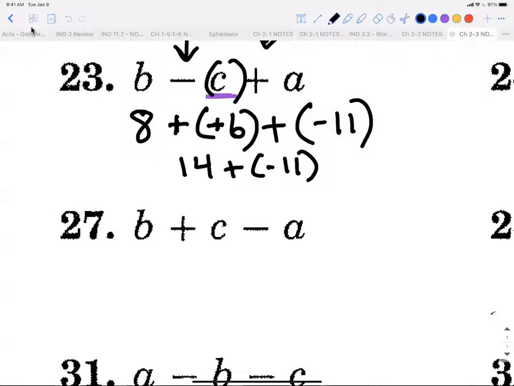Do my signs match? Nope. So what am I going to do with those two numbers? Yep, subtract them. Now I've got to decide on a sign. Trevor, what sign am I going to give these two? It's going to be a positive because between 14 and 11, 14 is the higher absolute value and 14 is a positive number. So my answer stays positive.